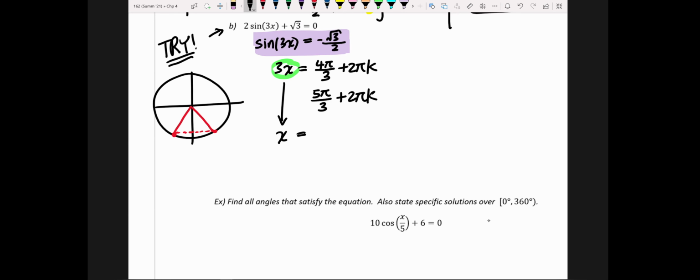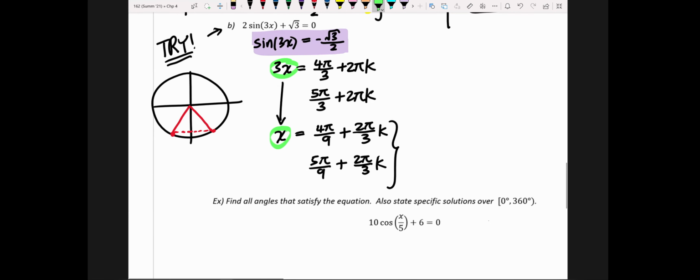Now after we solve for 3x, now we can solve for x. So multiply everything by 1/3, we get 4 pi over 9 plus 2 pi over 3 times k, and 5 pi over 9 plus 2 pi over 3 times k. If we don't get all solutions, if we just jump to specified solutions, we may be missing solutions.